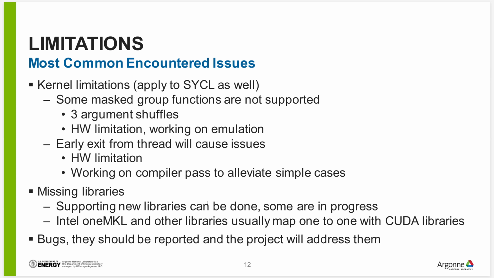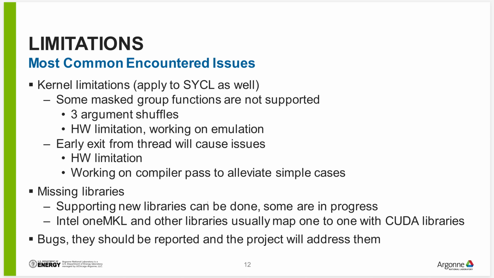The most striking example is the 3-argument shuffle instructions that exist in CUDA and HIP. This one we encountered a couple of times. You need to rework the algorithm to have all the threads participate in the shuffle.